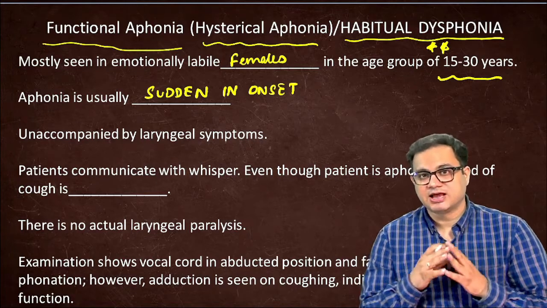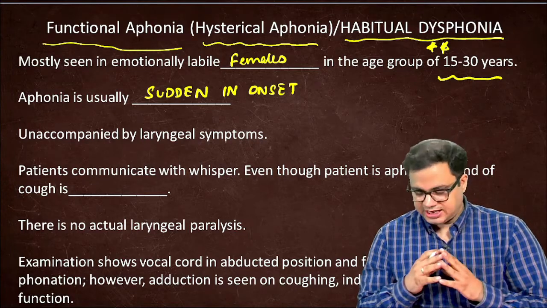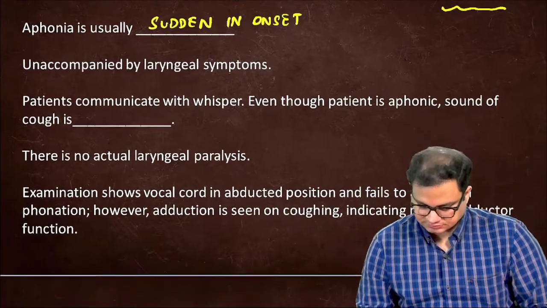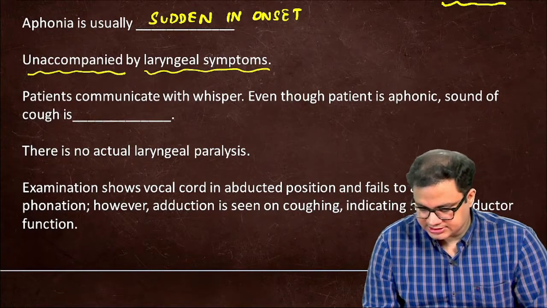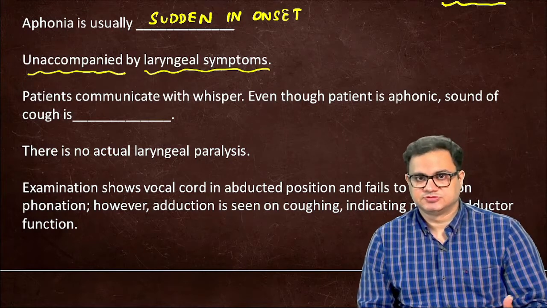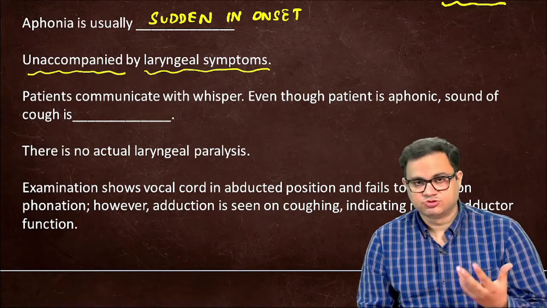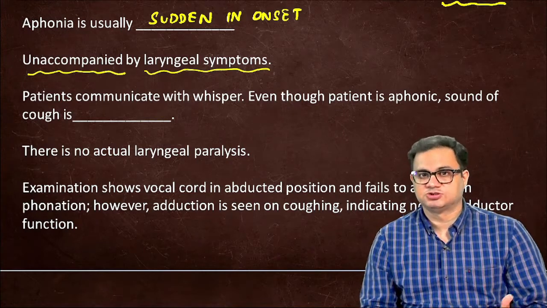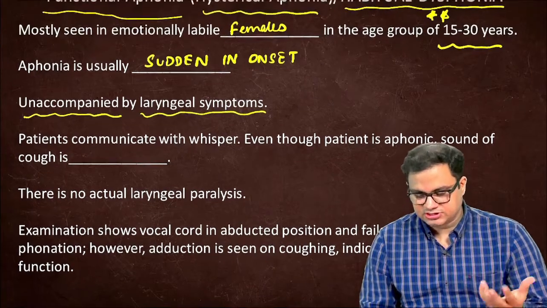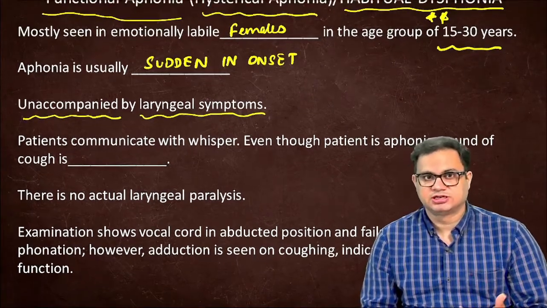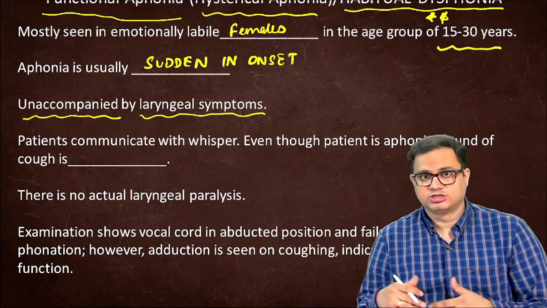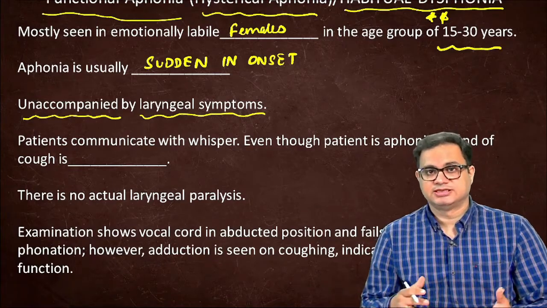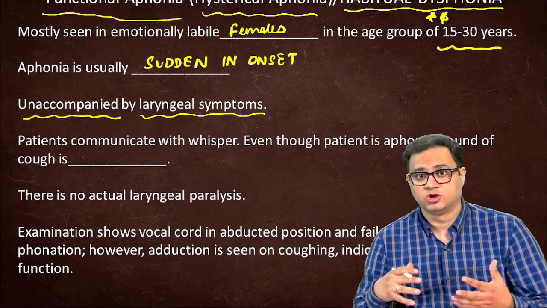So it is unaccompanied by any laryngeal symptoms. So in dysphonia also we have seen that there is a psychogenic cause. In functional aphonia, it is totally a psychological condition in which the larynx will be normal, so there will be no laryngeal symptoms. Only thing is that the patient will not be speaking.